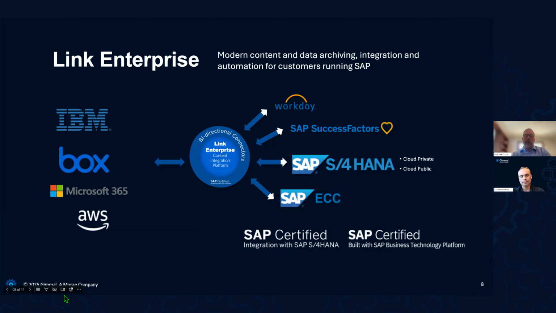You really want to be picking options that do have that certification. We mentioned a few here, but we support over 20 different repositories and solutions for content, and that's definitely a very powerful tool in the amount of repository support that we have.